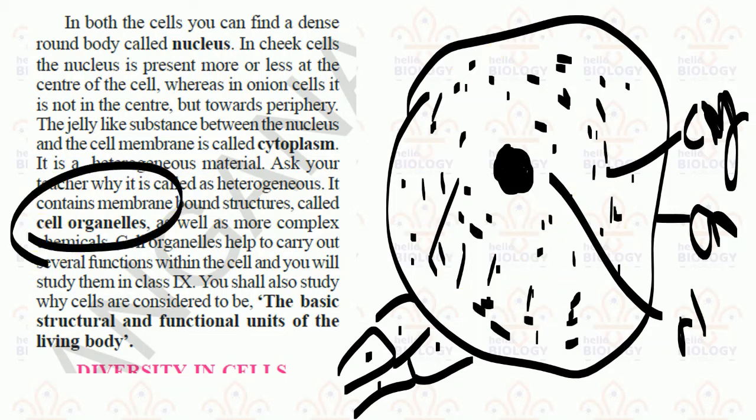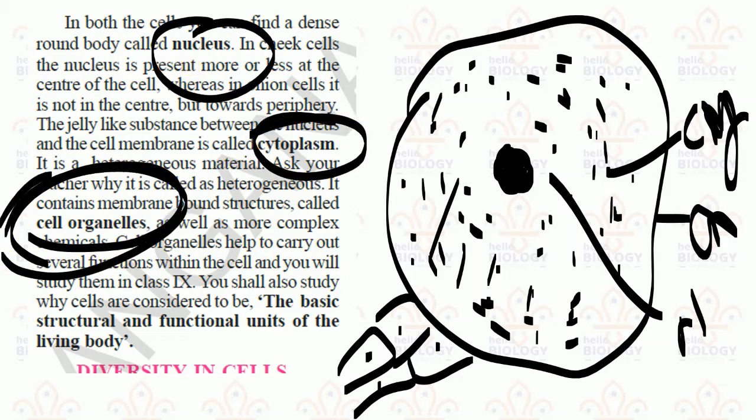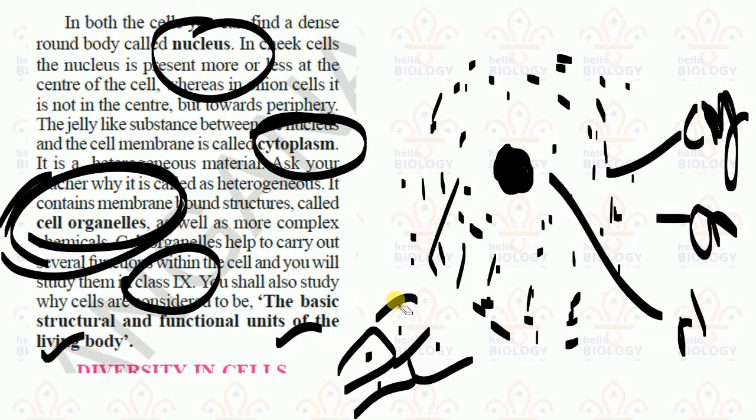So you need to remember 3 things: the nucleus is present, the cytoplasm is present, and cell organelles are present in the cell. Very detailedly, we will discuss in 9th class. As of now, the cell is called the basic structural and functional unit of the living body. You need to remember this.